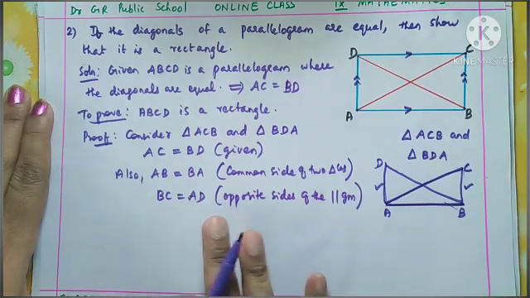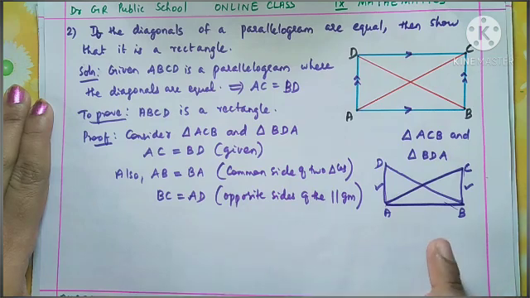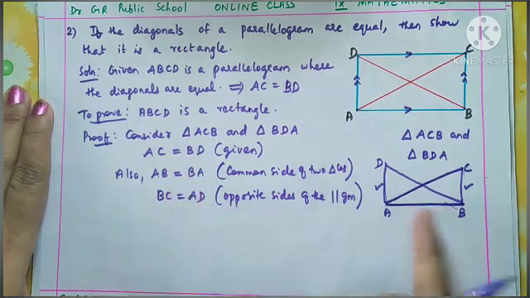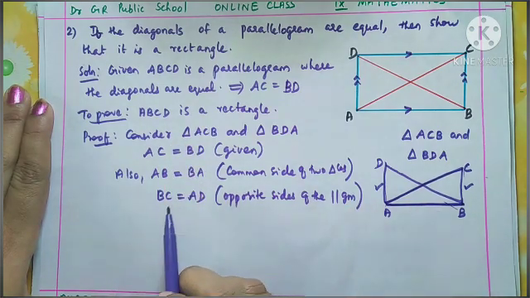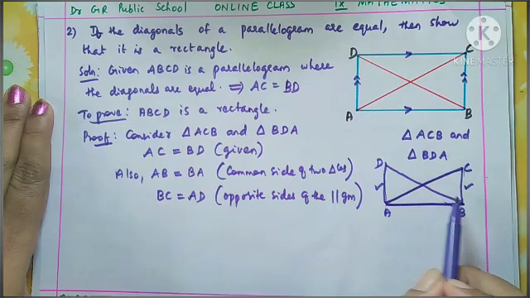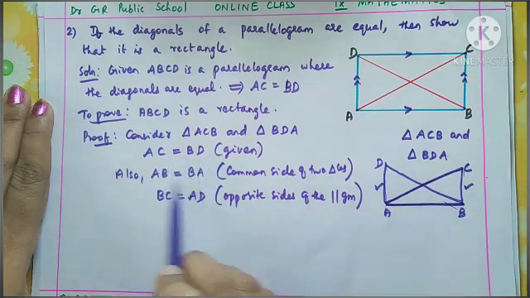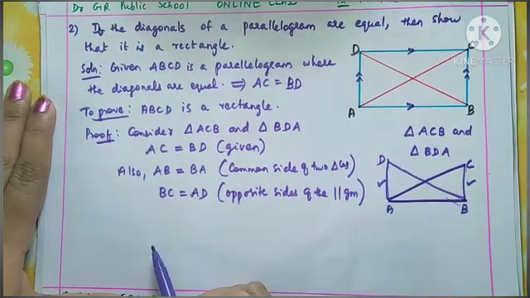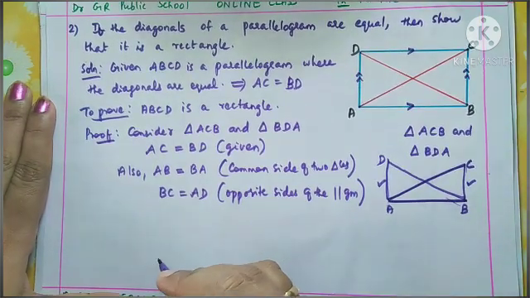Okay, so actually what we did here, we take the two triangles and we proved, that is we brought three sides equal to each other. So when two triangles are having corresponding three pairs of sides equal, what congruence rule you can apply? Yes, very good.